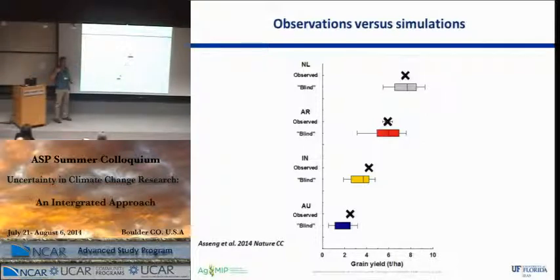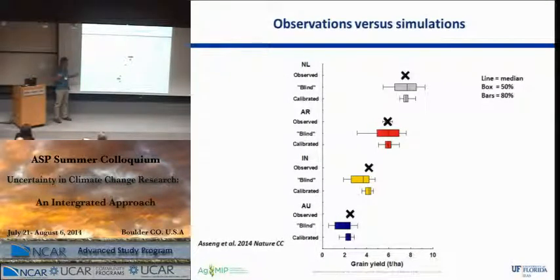If you then give them all the observed data and allow them to calibrate, you can see the yields coming much closer together. There's still some variability, which was encouraging, since people are not just over-tuning or fitting their models to this particular data.